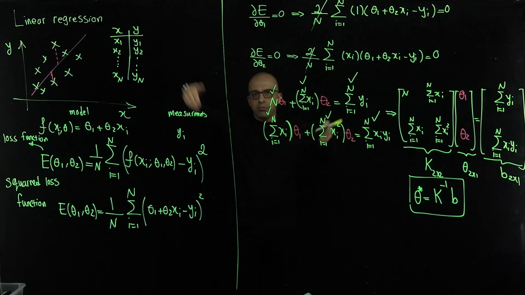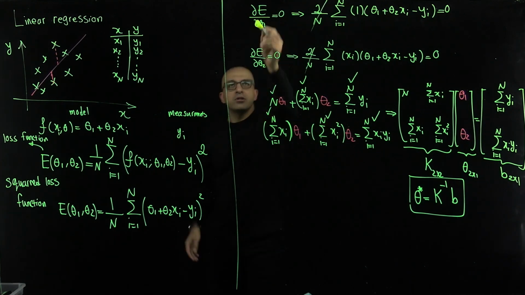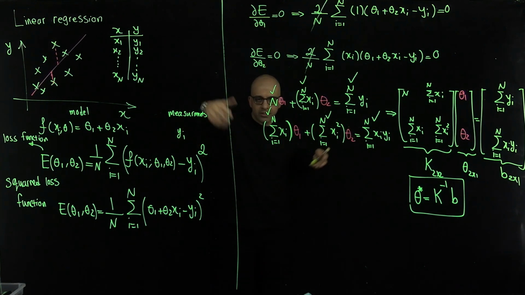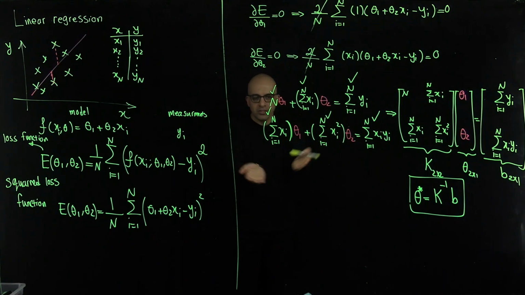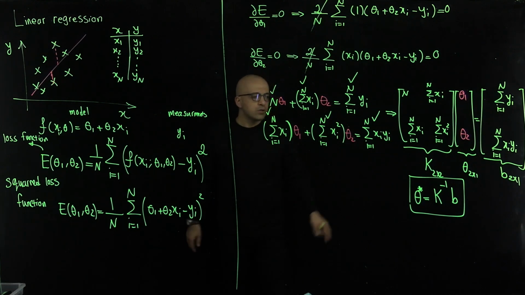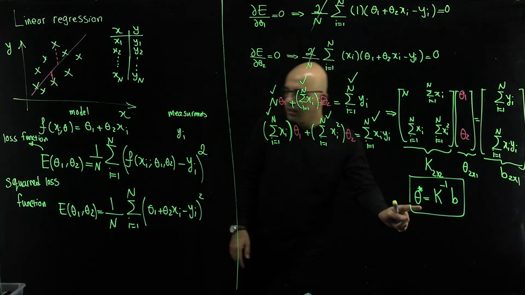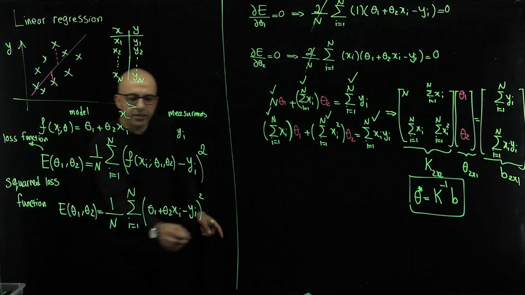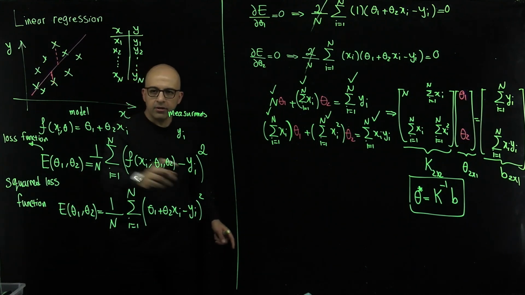And that would be the minimum of this function, because this function is really a bowl in theta 1, theta 2 space, and the derivative vanishes at the minimum. Okay, so this theta star is the one that minimizes this total error function.